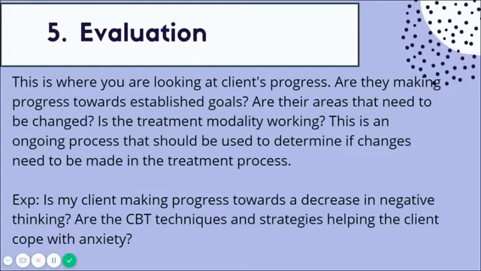So they came to us, they had a lot of distorted thoughts, they're very anxious. In the evaluation, we'd be seeing, are they practicing those muscle relaxation techniques? Are they working on reversing the distorted thinking? Are they identifying automatic thoughts? Those type of things would be part of a CBT regimen, and we would need to evaluate if it's working or not.